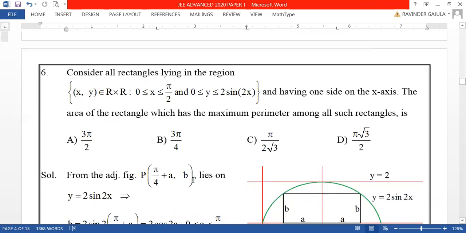See this one. Question number 6. Consider all rectangles lying in the region, the set of x comma y belongs to R cross R. R cross R means the Cartesian product of R and R, the whole xy plane.